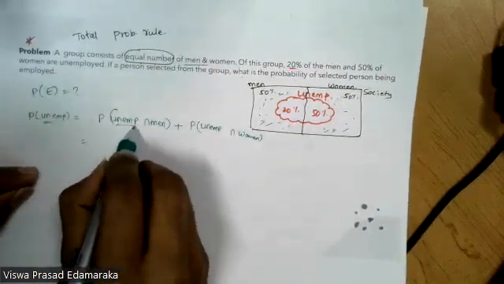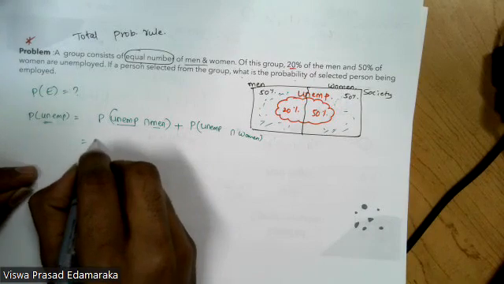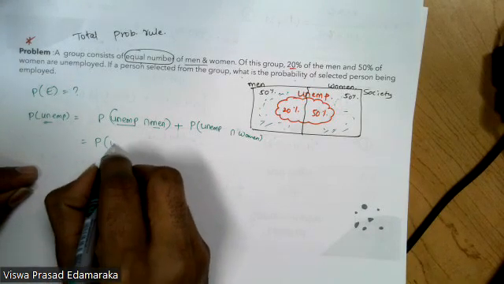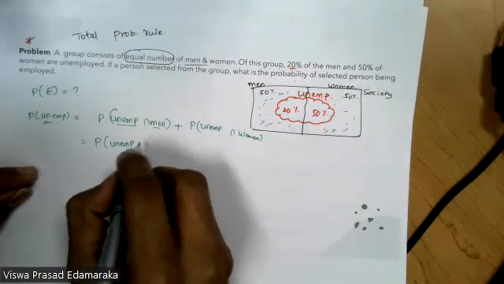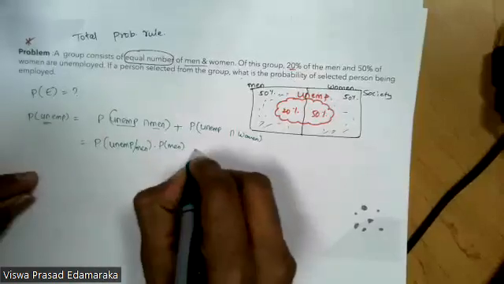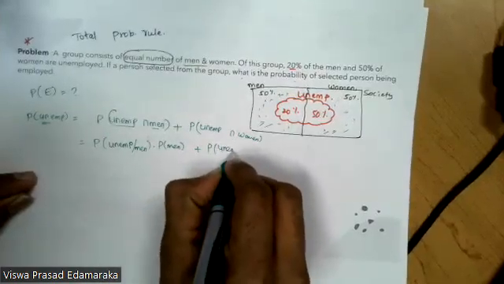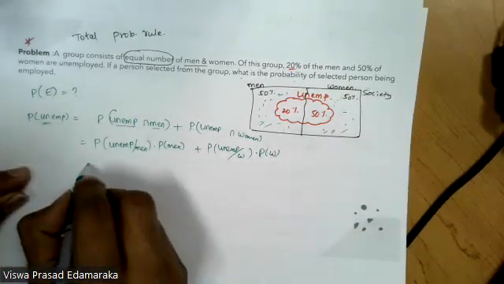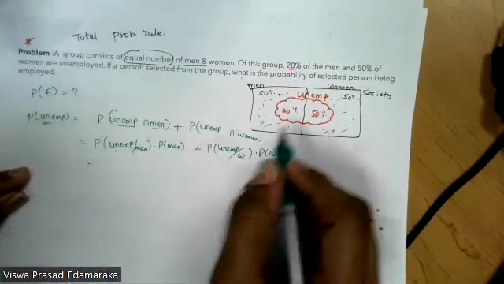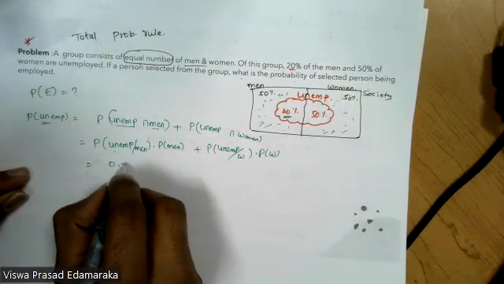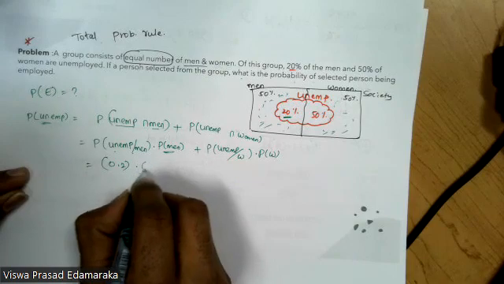What is unemployed and men? P of unemployed given men into P of men plus P of unemployed given women into P of women. Unemployed given men is 0.2. Probability of men is 0.5.